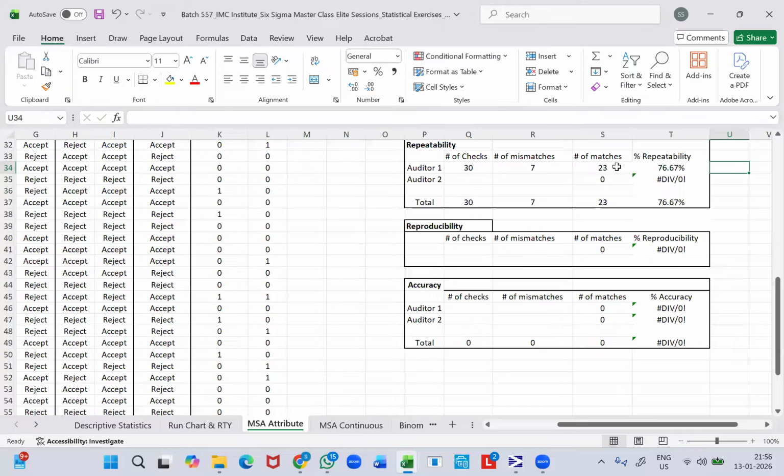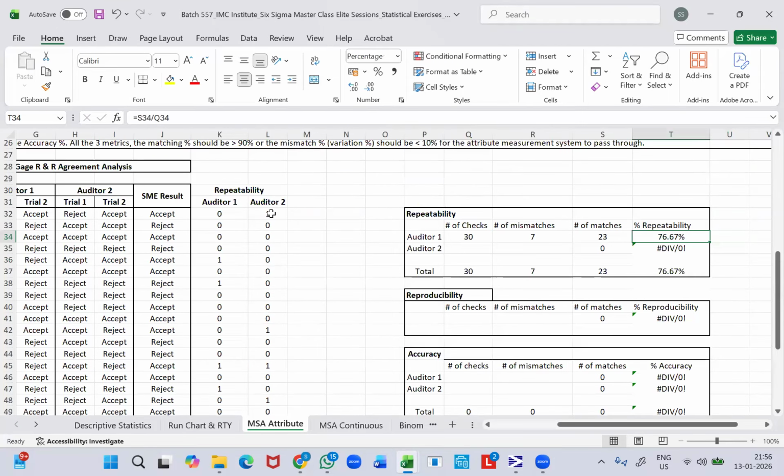Mismatch percentage should ideally be less than 10%, which means the matching percentage should ideally be greater than 90%. But here we find the matching percentage to be less than 90%, meaning the mismatch percentage or the variation percentage will be in excess of even 20% for repeatability here.